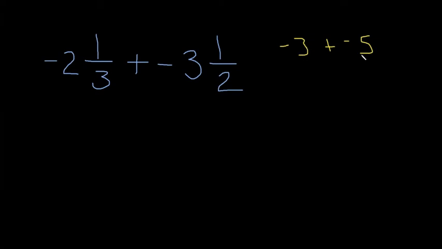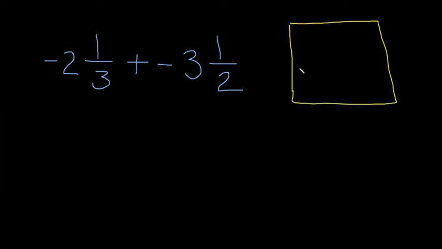We're simply adding them together. What I'm going to do is make my little box for my answer again. And I'm going to put the negative symbol because there's no way that I can put this item that costs $2 and some change plus this item that costs $3.50. There's no way I can put both these in the cart, go to the checkout, and they're going to hand me money. So this is definitely a negative number.